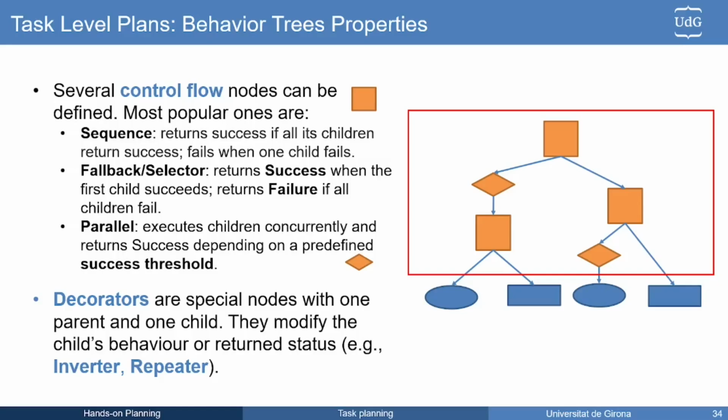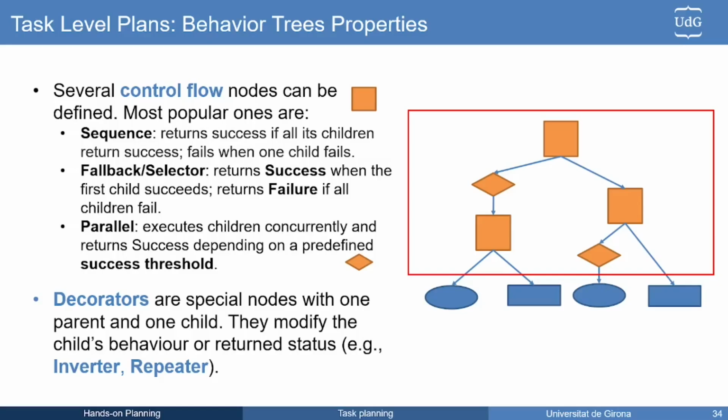Or you force the two children to complete their execution, and then you return an AND of the outputs or an OR of the outputs, etc. But the idea is that all the blocks that hang from the parallel, all the children of this parallel, are executed in parallel. And of course, a control flow does not have to have only leaves as children. It can have other control flows, okay? Then you can build quite complex structures combining different control flows.